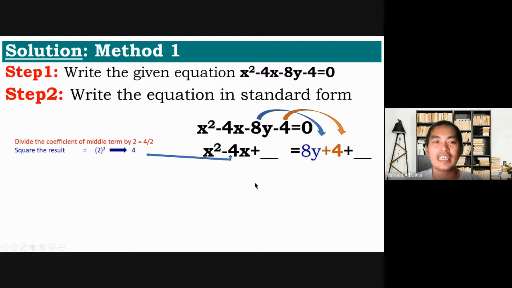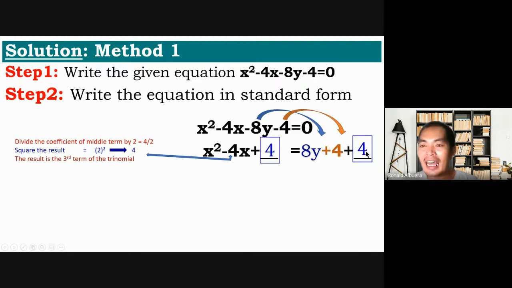And then, the result, you are going to square. Right? 4 over 2 is 2. So 2 times 2, when we say square, you multiply it to itself. So 2 times 2 is 4. That result is what you add as the third term to make it a perfect square trinomial. So we put 4 here, and we also put 4 on the other side. Don't forget that. This is already a perfect square trinomial.